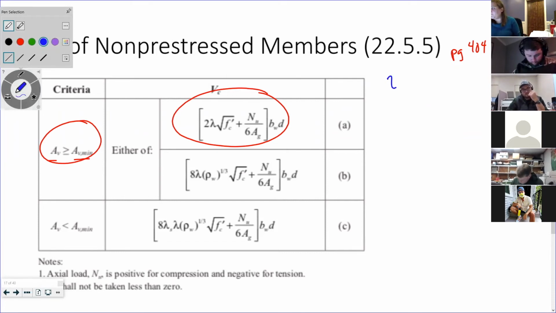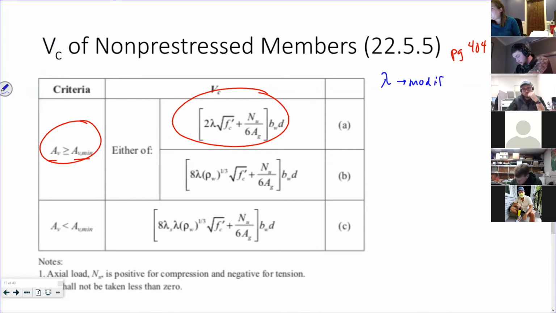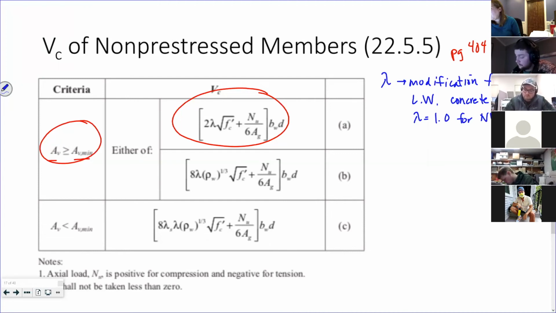That lambda is our modification factor for lightweight concrete. If you have normal concrete, it's 1. Nu is if you have an axial load.